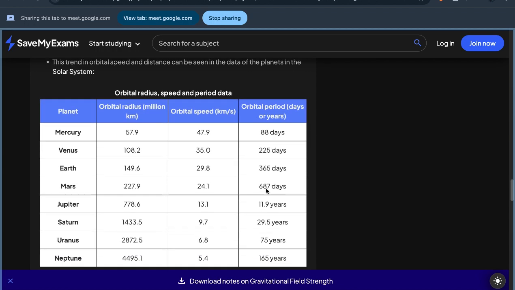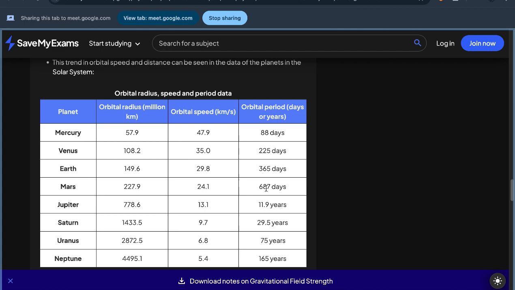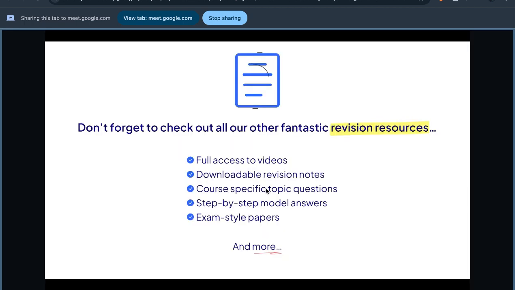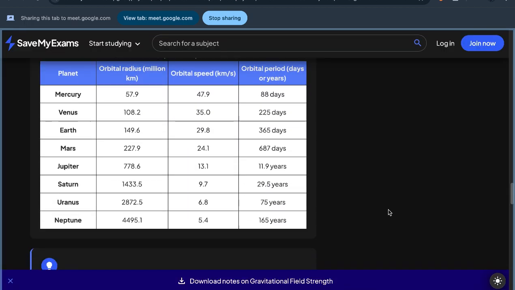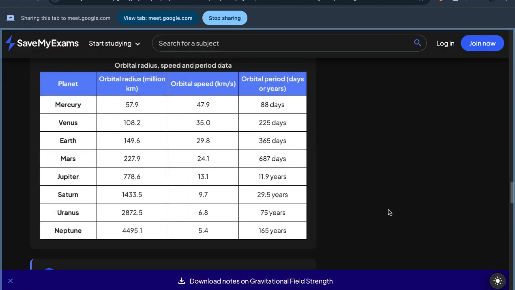The orbital period for Earth is 365 days.